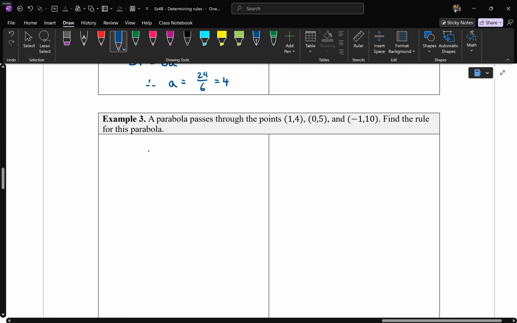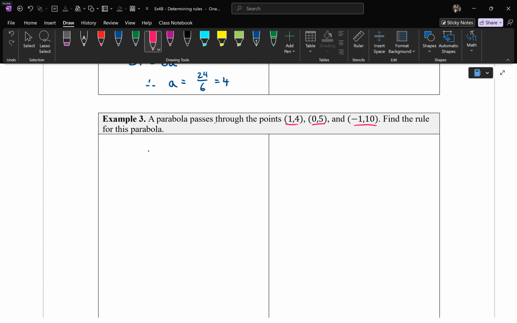I'll show you. So this one, they tell you it passes through these points, but they didn't tell you whether it's x-intercept or y-intercept. In this case, I can see there's a y-intercept there. But we know that it has to be y equals ax squared plus bx plus c, because they didn't give us a turning point. No x-axis intercepts. But just even looking at the coordinates, can you see 0, 5?